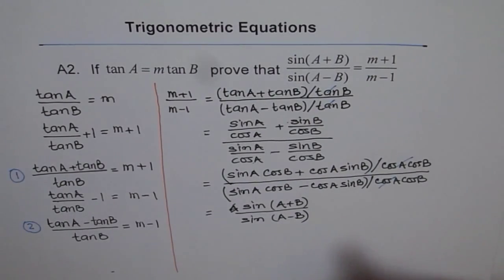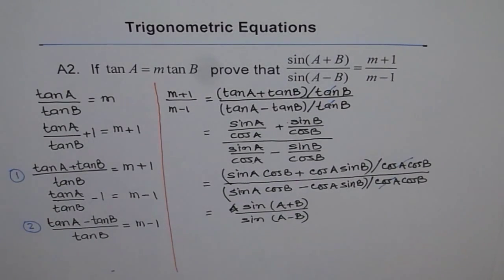So that is how we prove that sin(A plus B) divided by sin(A minus B) is equal to (m plus 1) over (m minus 1). Go through this procedure, and this is a very interesting procedure. It helps you to solve many rational functions and equations also like this. Okay, thank you. I hope you appreciate it.